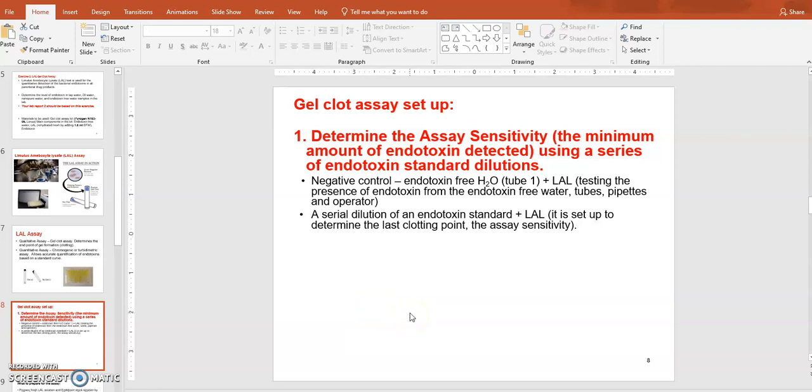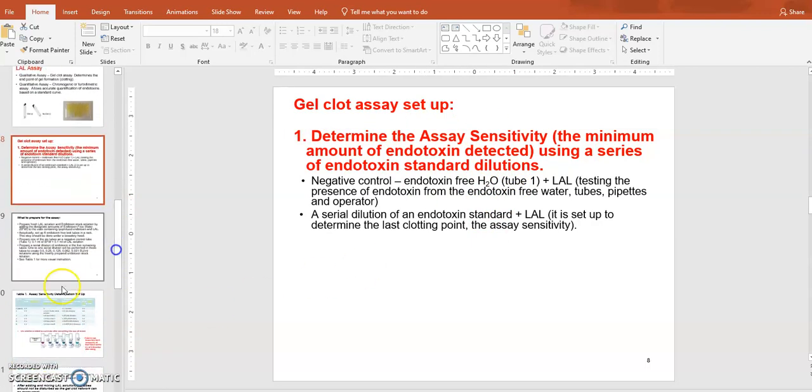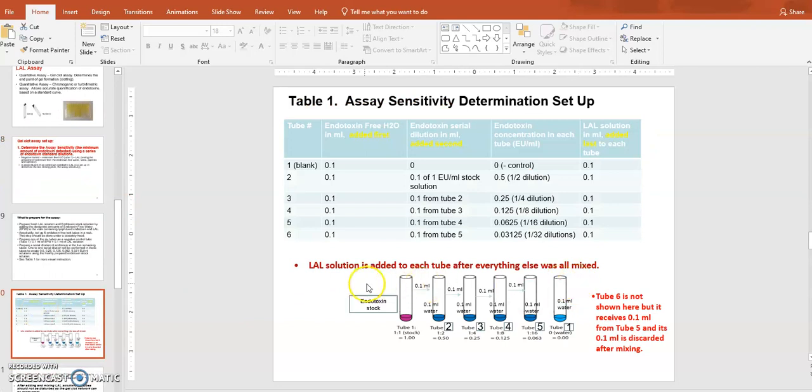You'll create a serial dilution of the endotoxin, add LAL to those tubes, and see at what concentration you can form the gel clot. So the first part is done to develop the gel clot formation in your test tube.